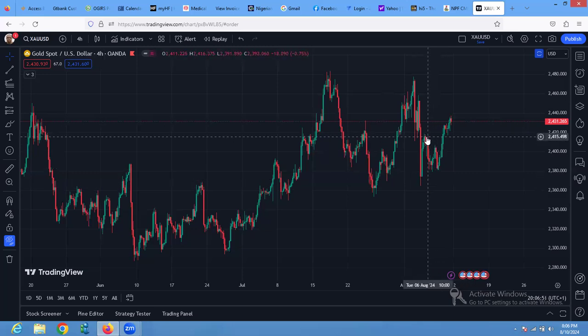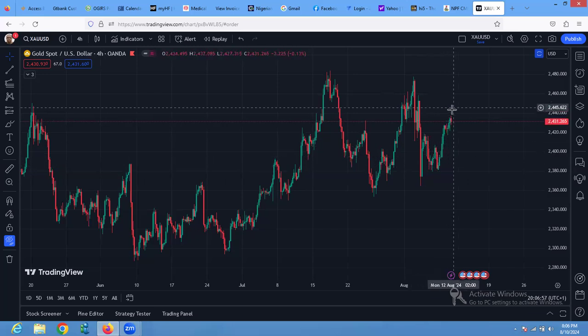But again, we had seen this reaction at the first impulse here, an ABC correction, and we are seeing this impulse. So what do we want from now? We want a scenario where this may push slightly to the upside, and we want it to correct again.